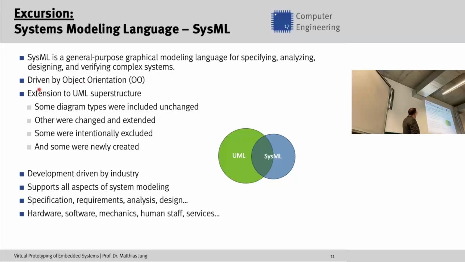We use SysML to model systems mainly with pen and paper, I would call it. Not so much with simulation, but sometimes it can also be combined with simulation. And this is very industry-driven, and it also includes hardware, software, mechanics, human services, and whatever.